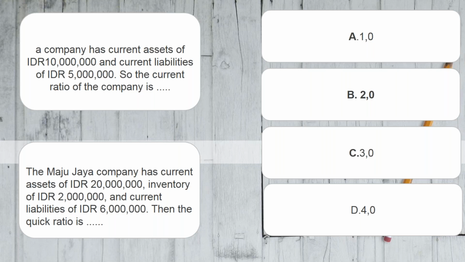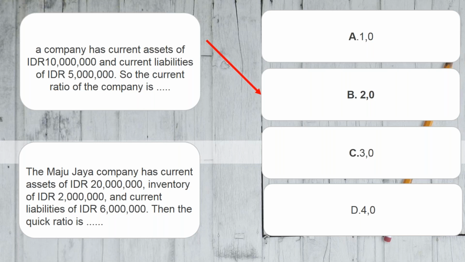Let me count it first. I don't need a calculator because it's easy. So the current ratio for the company is B, 2.0. Okay, the answer is B.